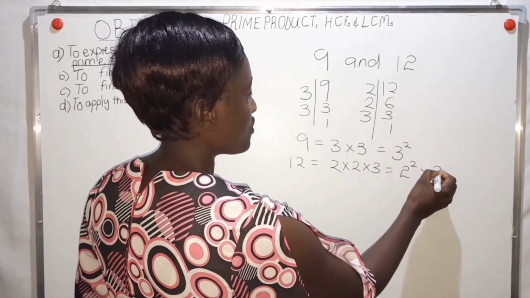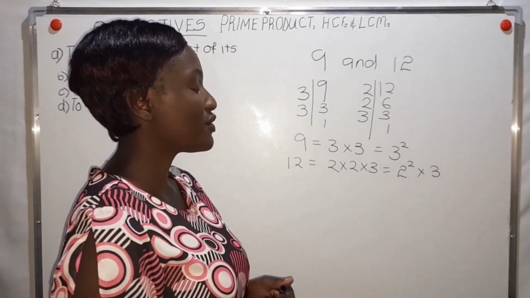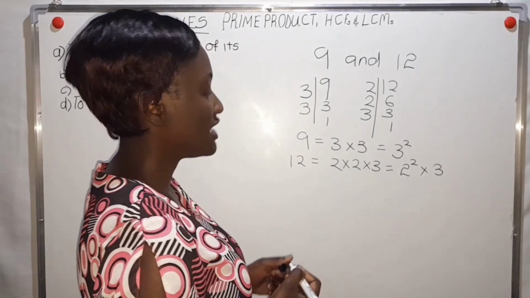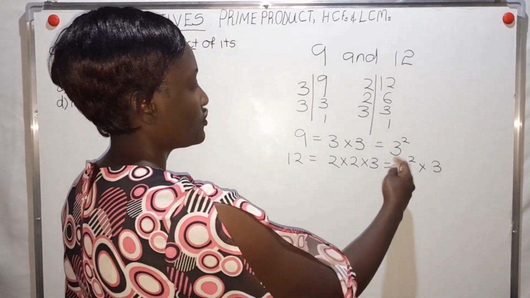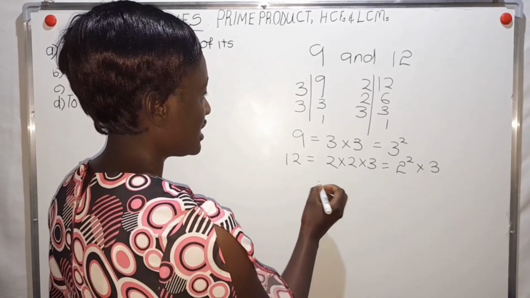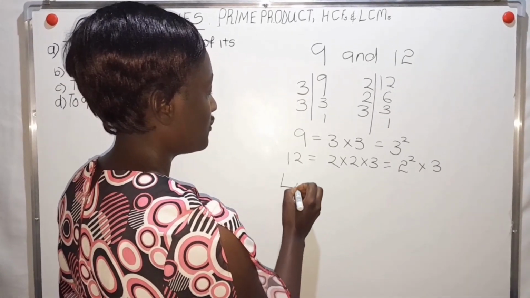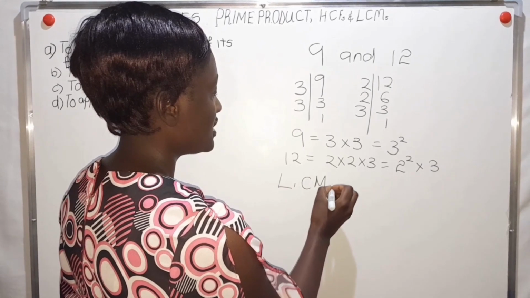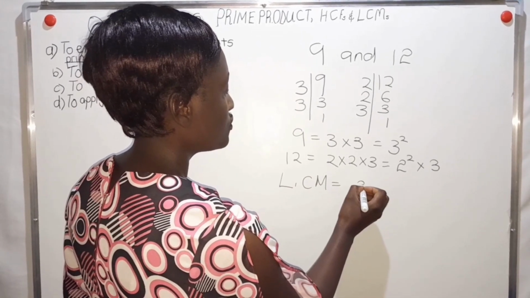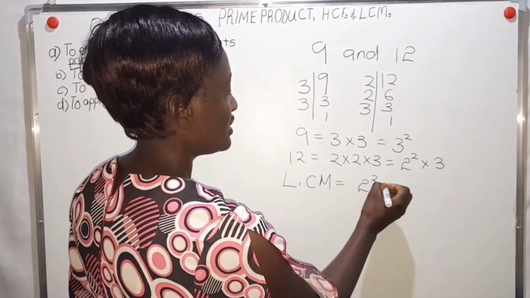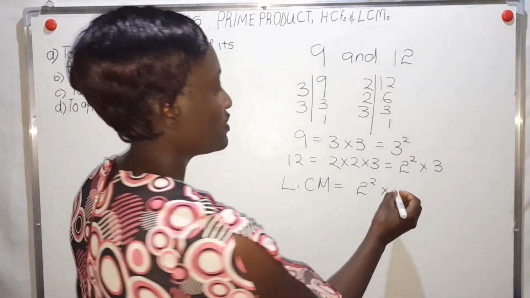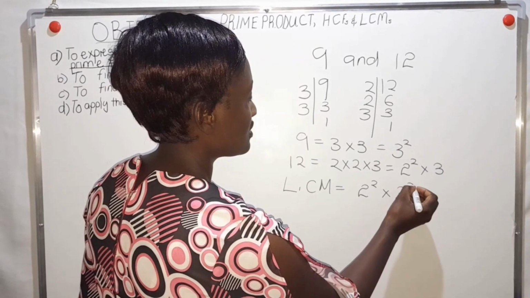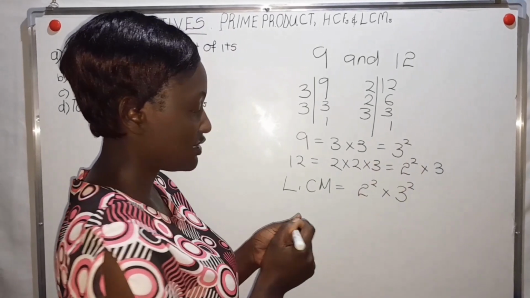So to find the lowest common multiple, you take each number with the highest power. For example, for 2, we are going to take 2 to the power of 2. So our LCM is equal to 2 to the power of 2 times 3 to the power of 2, because it is the highest index for 3.